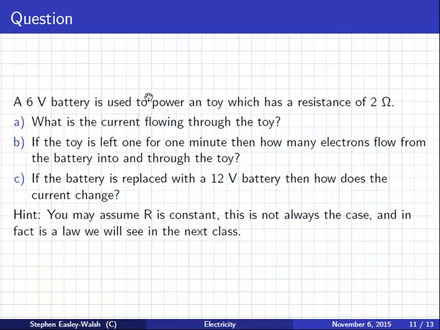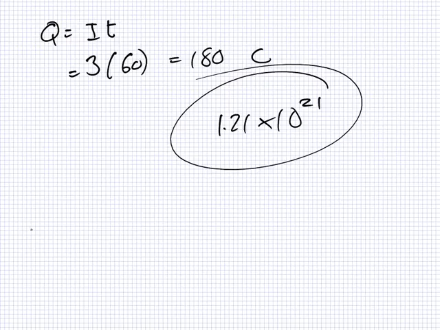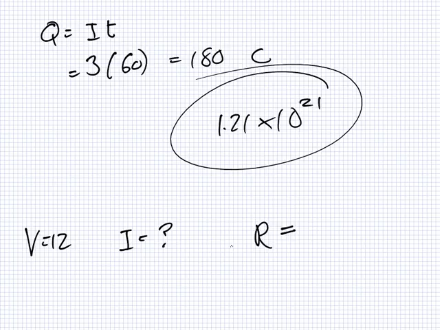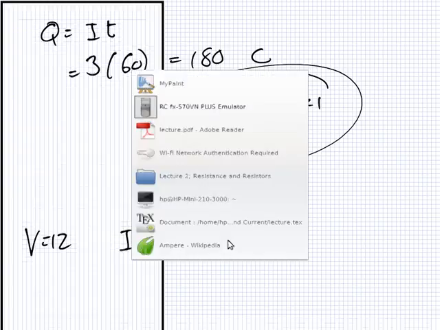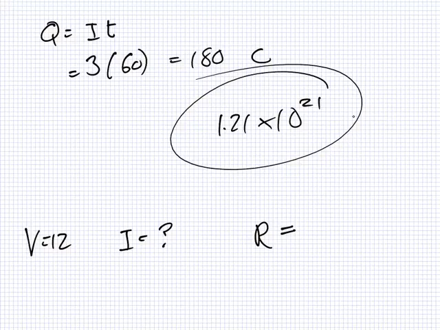If the battery is replaced with a 12 volt battery, then how does the current change? Okay, so now we have V equals 12, I equals we don't know, and what does R equal? 3. Yeah, but the problem is the R was 2. We don't know how it changes.